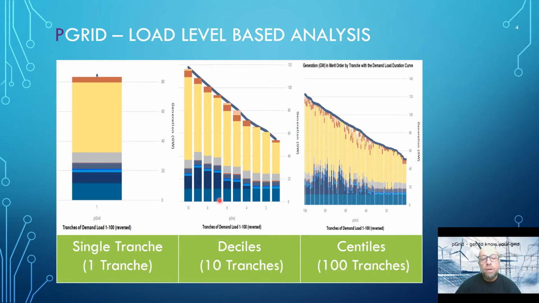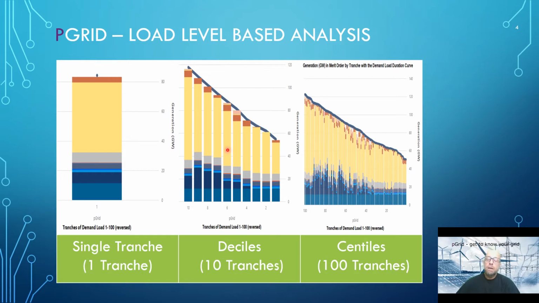So we see that the nuclear plant that we've assumed to be running base load also runs kind of the same amount in every tranche, but the solar plant is starting to show how the shape of solar is coming through at different load levels, and the wind is also coming through at different load levels.